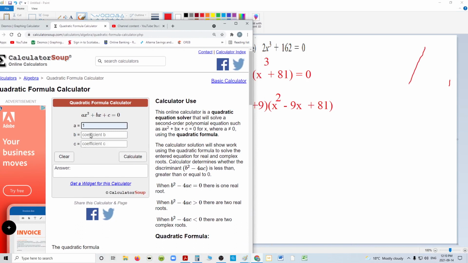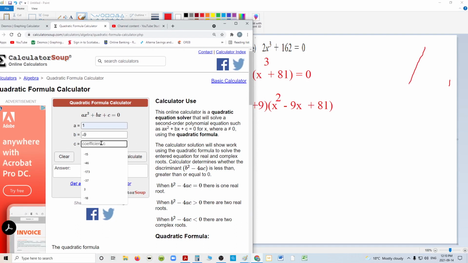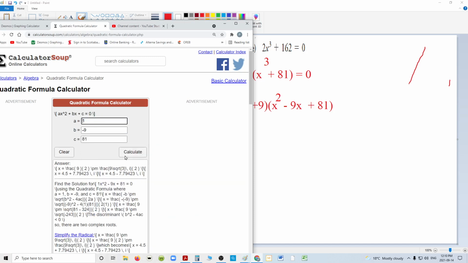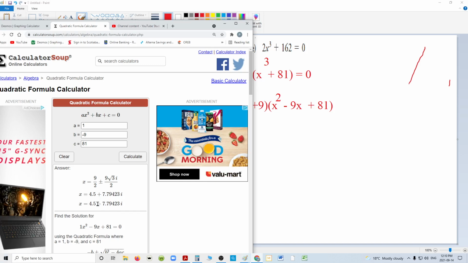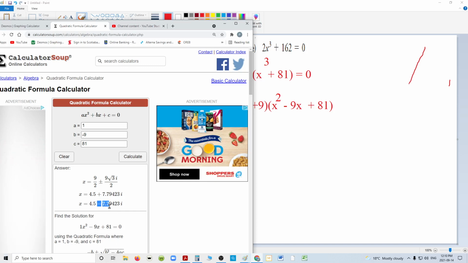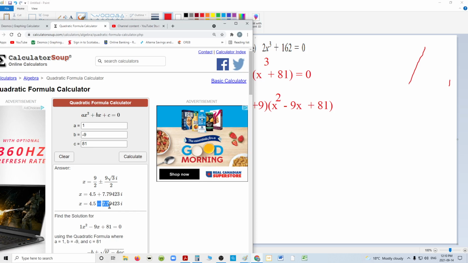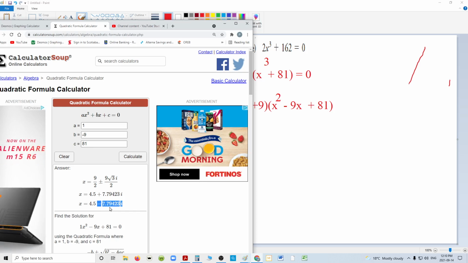So I got 1, minus 9, and 81. And you hit calculate, and it gives me 2 possible roots. And it's saying no, it's not possible. It's doing imaginary numbers. So it's saying there are no roots for that.